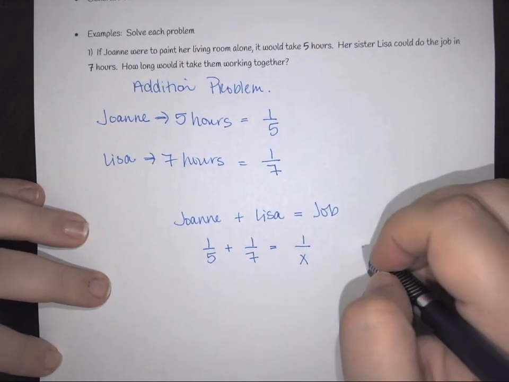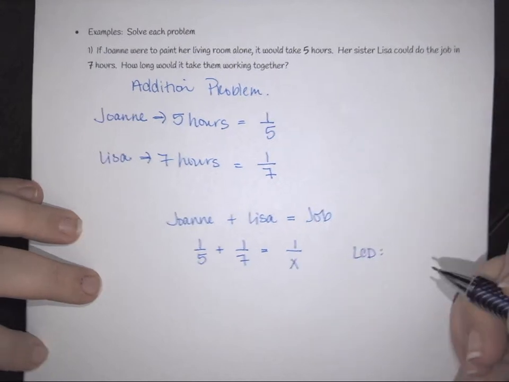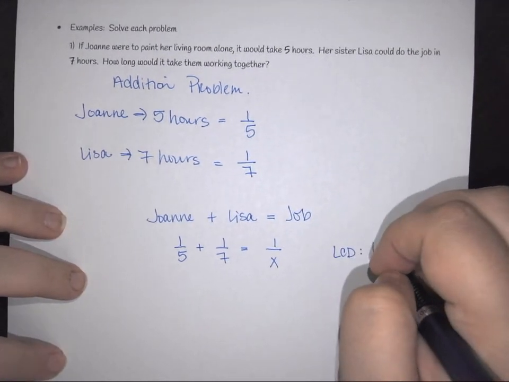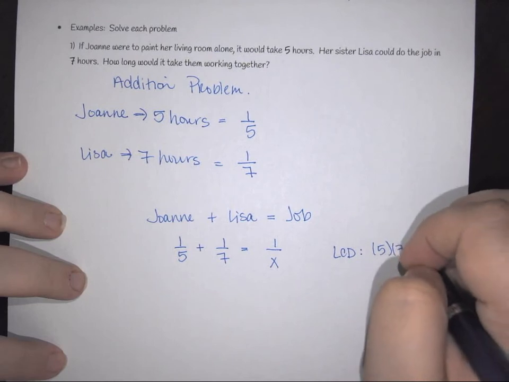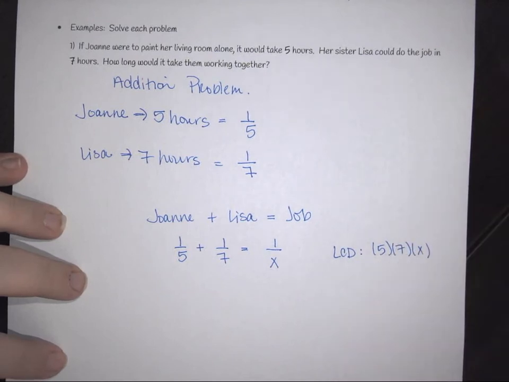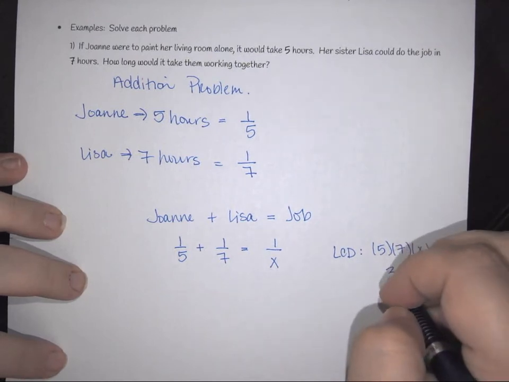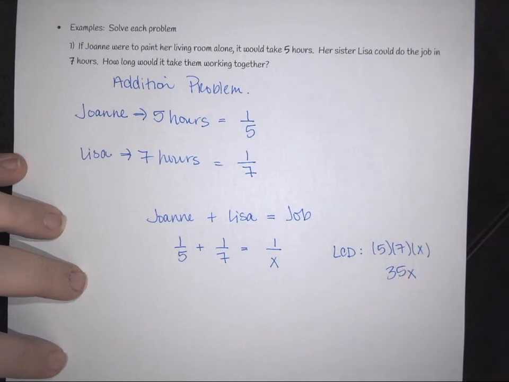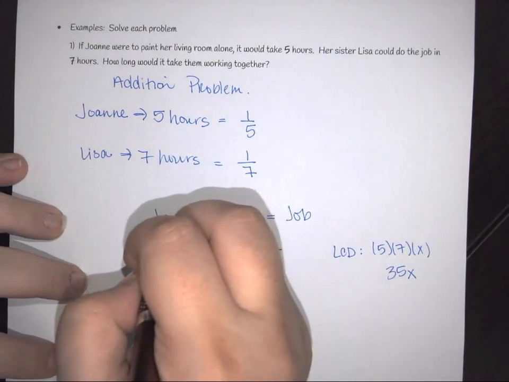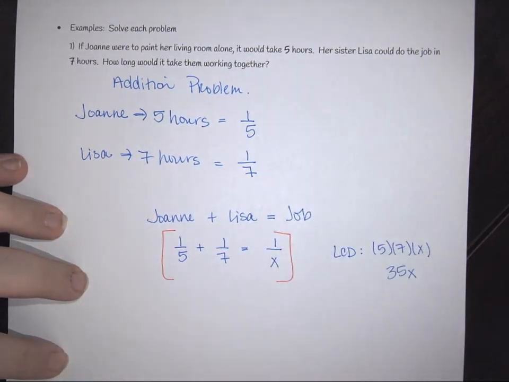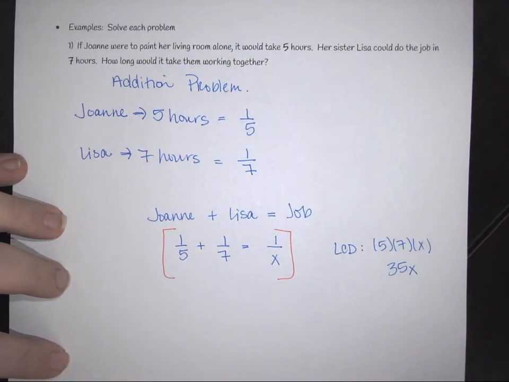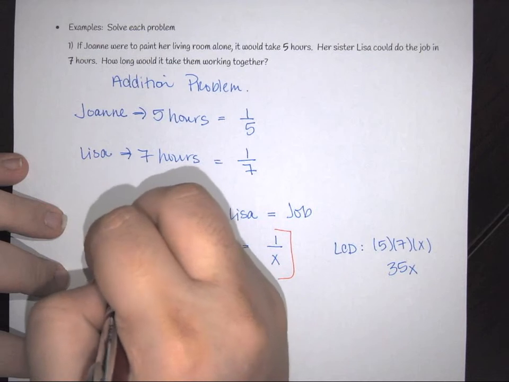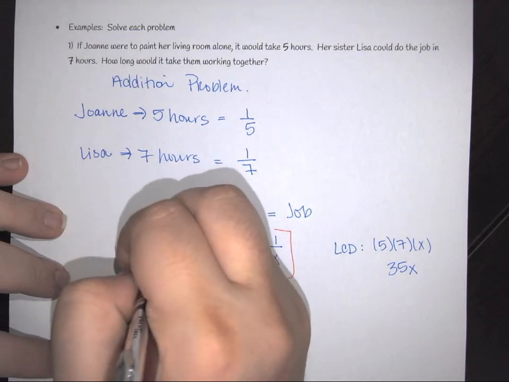Here we have to look at your LCD, which in this case is going to be 5 times 7 times x. You could also call that 35x. Either one would work. And what you have to do is first we have to start by multiplying everything by that LCD. So 5 times 7 times x.